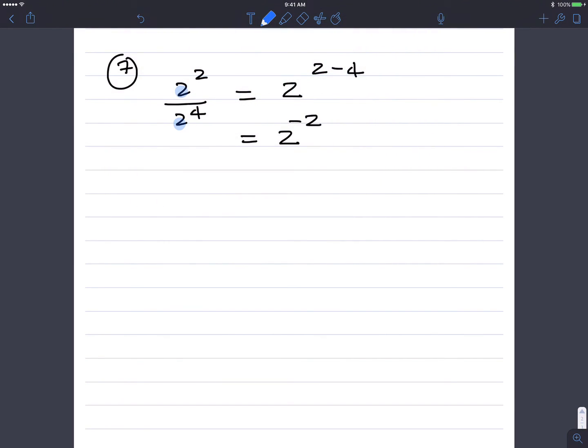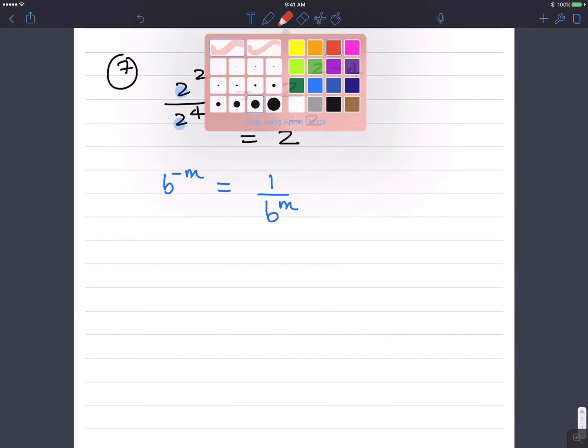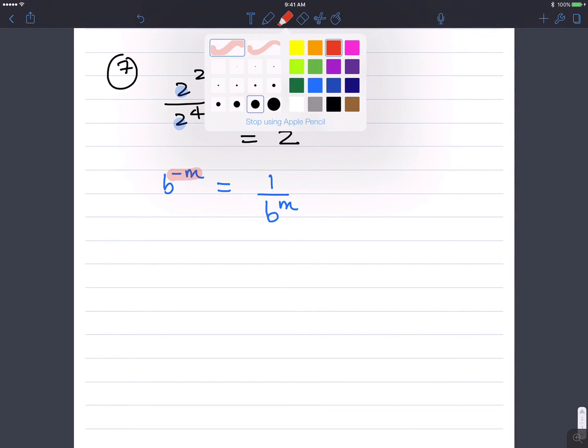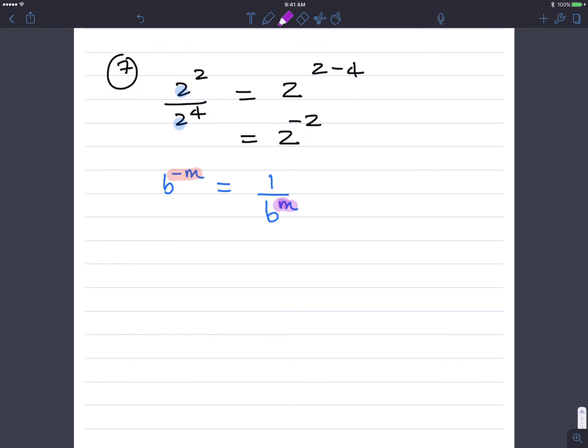Let's recall. If I have b to the minus m power, that's the same as saying 1 over b to the m power. In other words, you have a negative power here for your base. We can write this as 1 over b with a positive power now. This is my power m.